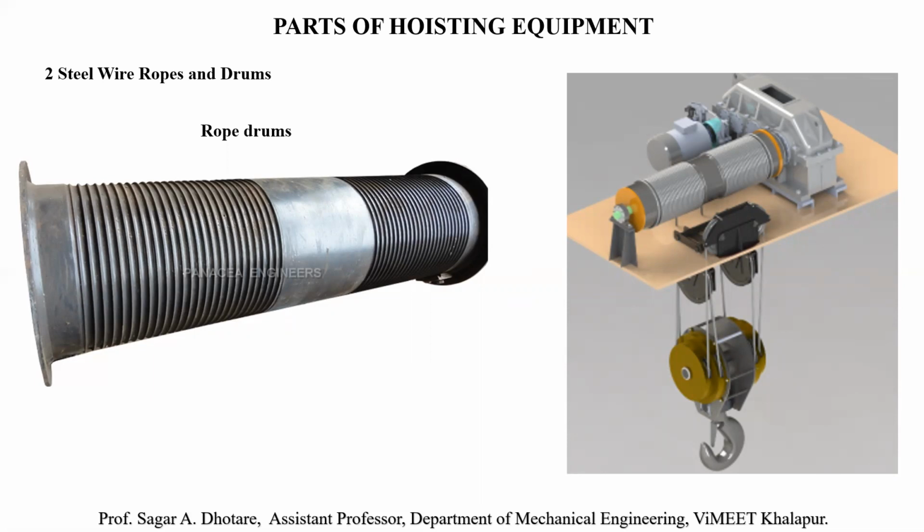The rope drums are normally, as shown in a figure, usually in a plane with the hinge with the high flange to enable the rope to be wound in several layers. This enables the length of the drum to be reduced considerably.